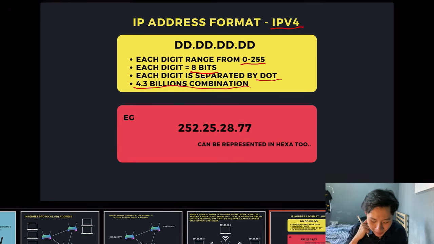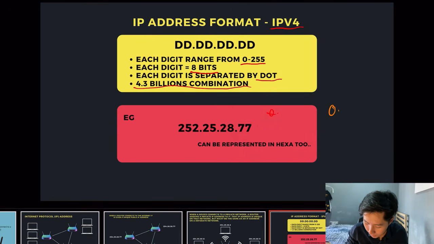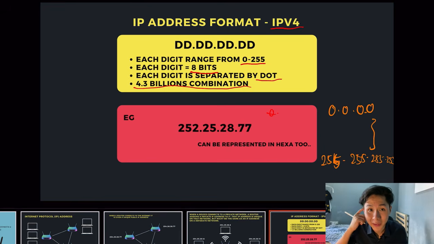We'll have 4.3 billion combinations, from 0.0.0.0 until 255.255.255.255. We will have in total 4.3 billion combinations if you apply permutation to it.